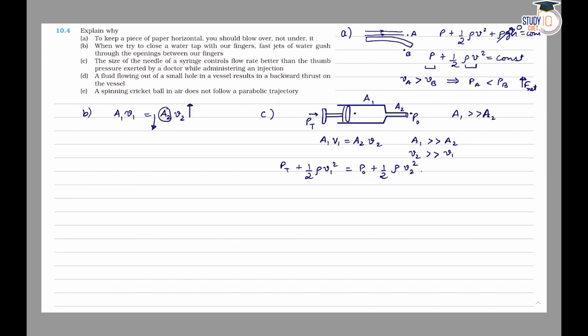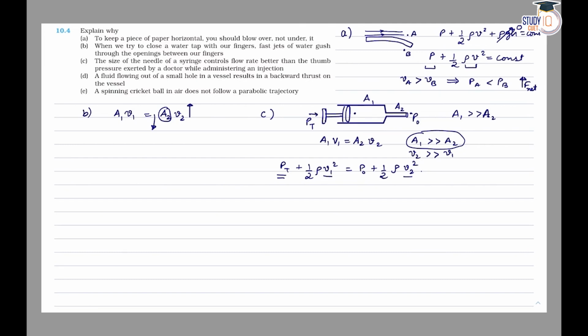Then you can see that since there is a square term over here and V2 is much more than V1 because of this arrangement of cross-sectional areas, the effect of the cross-section areas is much more important and significant in comparison to the effect of this pressure Pt.